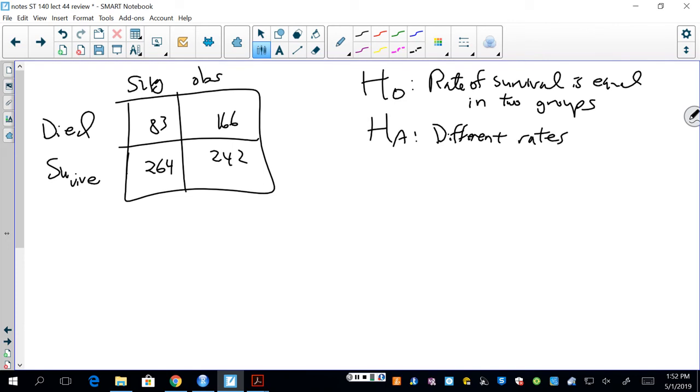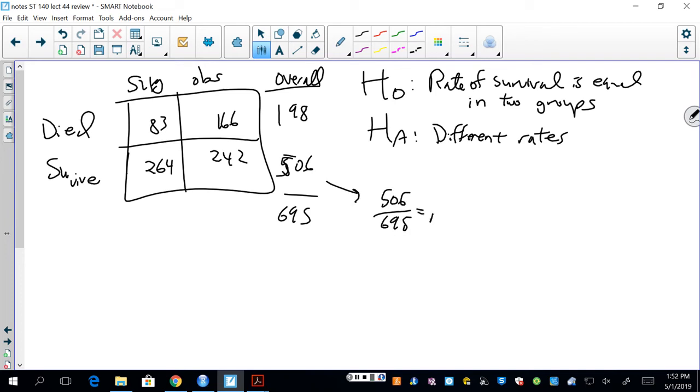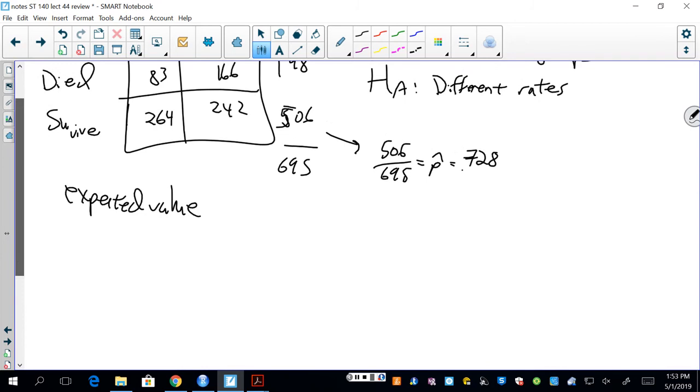Under that null hypothesis, if they're equal, then the survival rate should be determined overall: 506 over 695, which was 0.728. If that's the same rate, we can calculate expected values in a table like this.